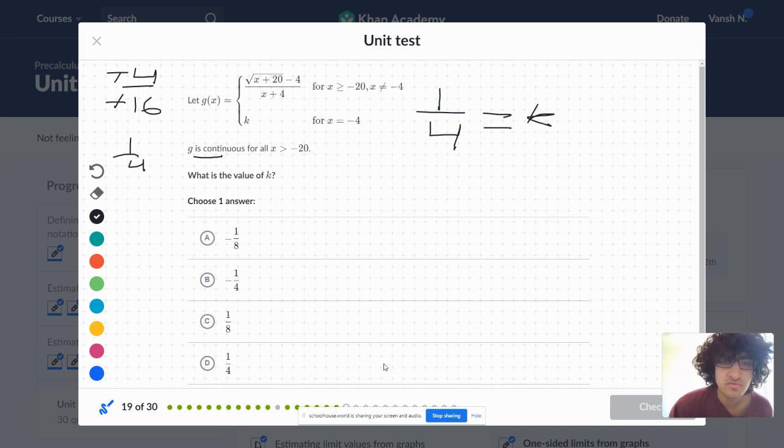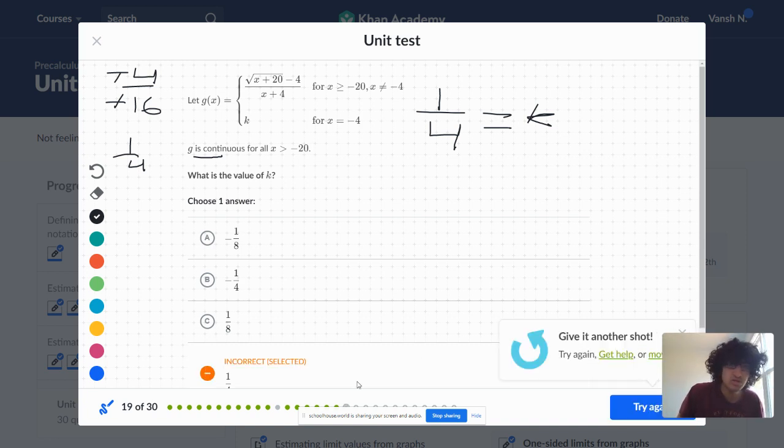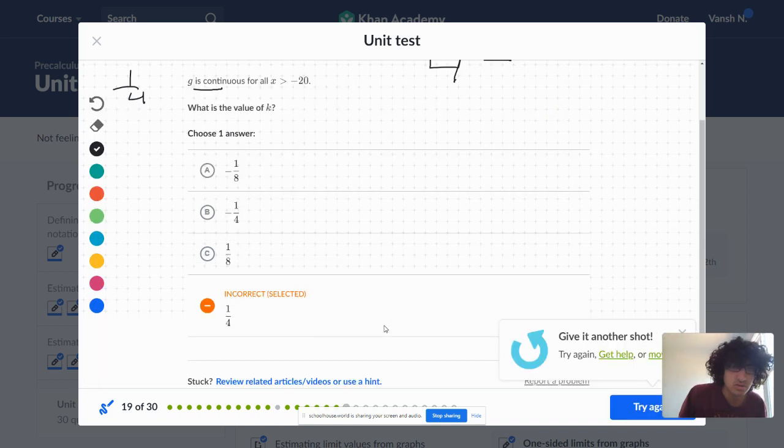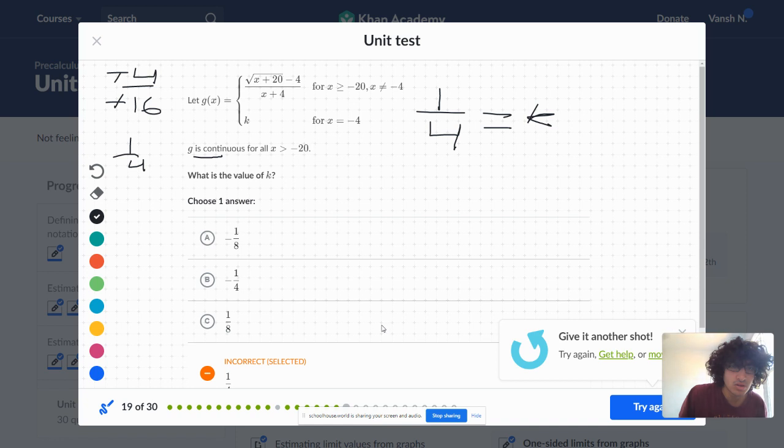So k is equal to 1/4, right? There's no algebraic manipulation there. Yeah, 1/4. What? Oh no. What did I do wrong here?